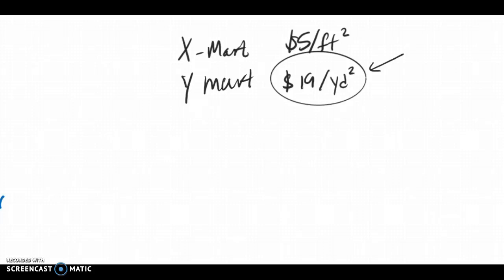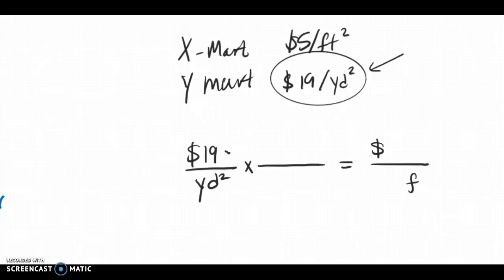So converting this, I need to take the $19 per square yard and I need to multiply it by a conversion factor to make it dollars per square foot because that's what I need to fill in the blank. So again, it's the same. We saw that there are 9 square feet in 1 square yard, so same conversion factor.